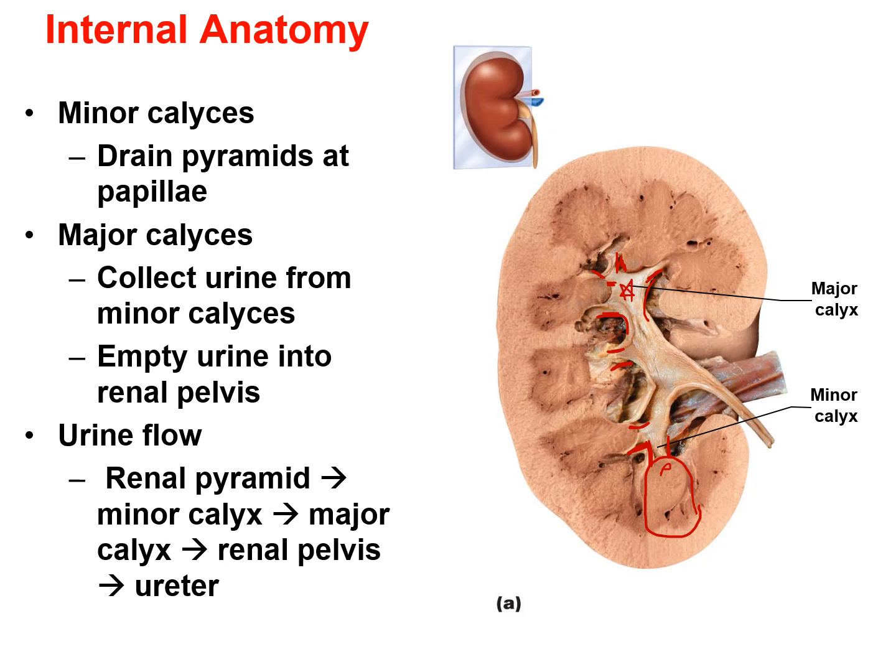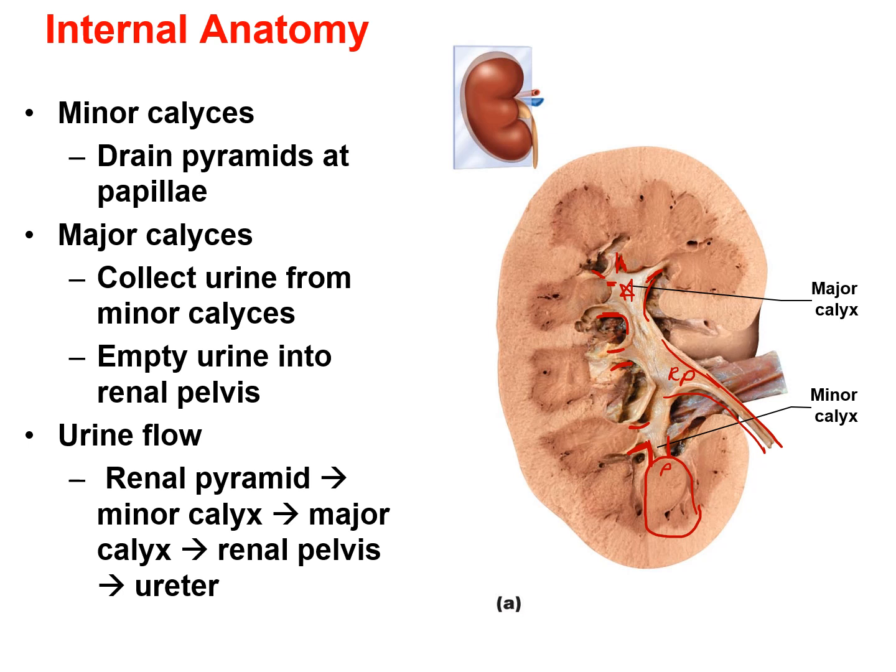Major calyces will then join to drain their urine into your renal pelvis that we have right here. It's going to be your funnel that then leads into your narrow ureter.